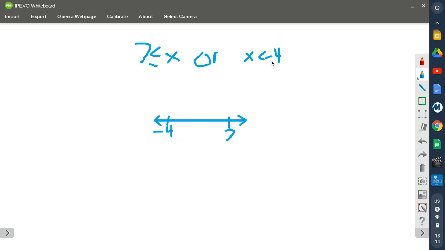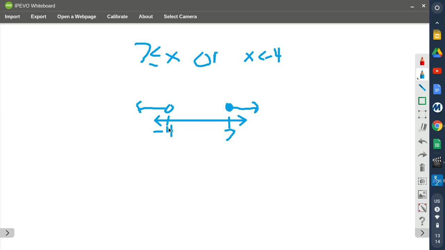It's smaller than -4 but doesn't include -4, so you have an open circle, and your line goes that way. Then it's bigger than or equal to 7, so I have a closed circle, and your arrow goes that way.